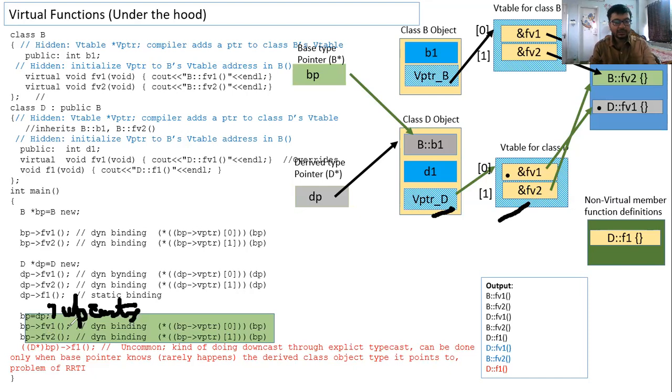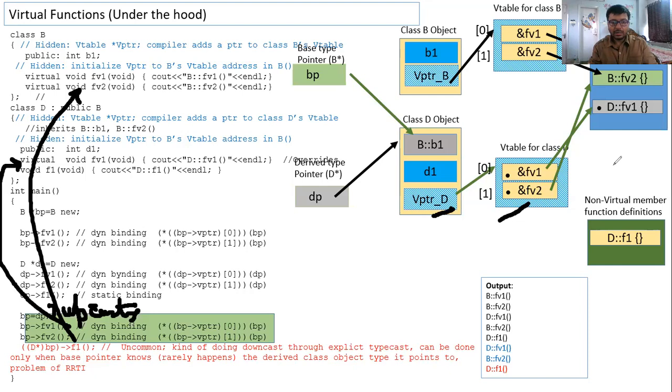So this one will trigger here. In this case also, this will trigger this copy, although you are invoking it through the base pointer. And fv2 will definitely trigger the base's copy, because the derived class does not have its own fv2, and in fact that is also recorded here: this fv2 is pointing to the base class's copy.